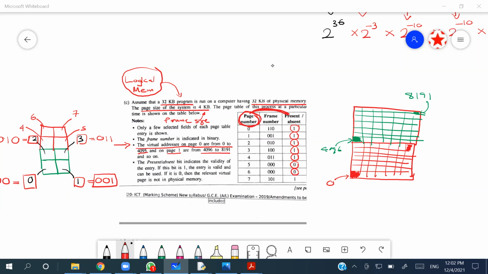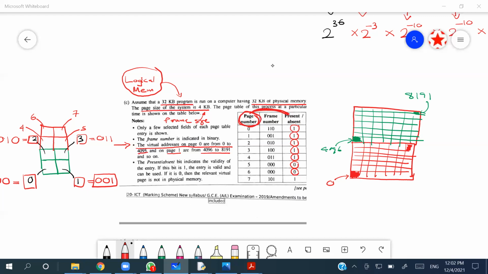Try to do it. Okay, right. Yes, Lalindi, that's the answer.